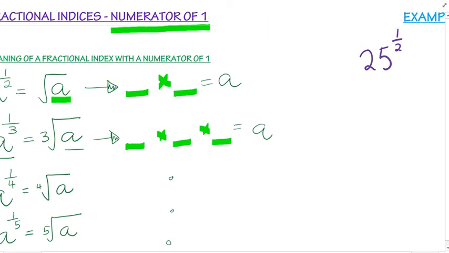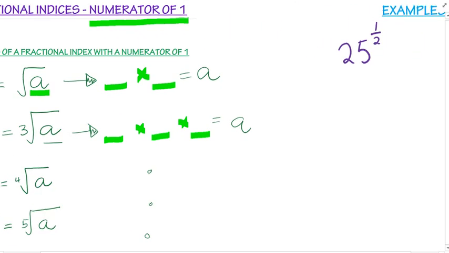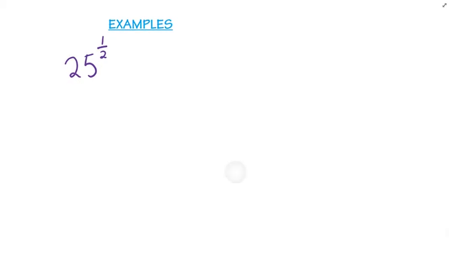Let us say, for example, 25 to the power a half. Now, if we look back over here, what does to the power a half mean? It means the square root of. So we're going to write the square root of 25.